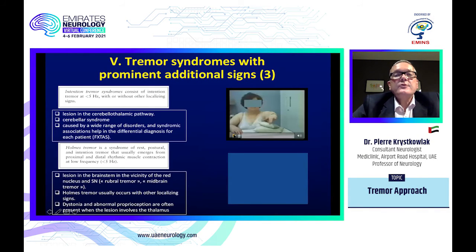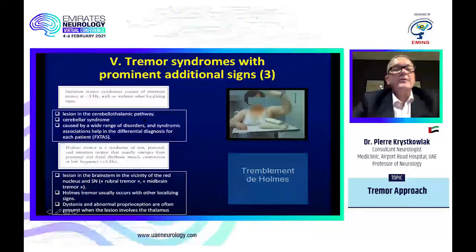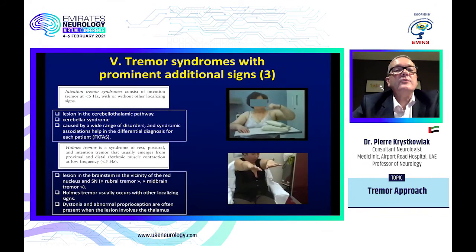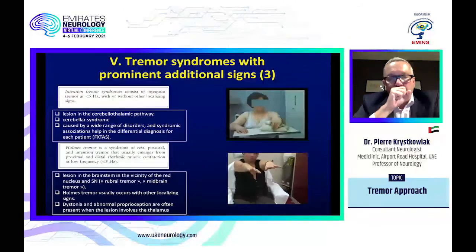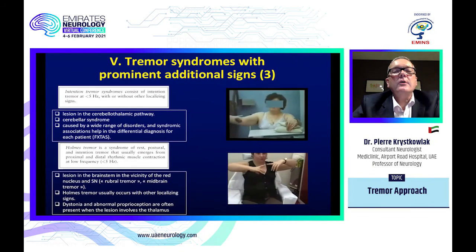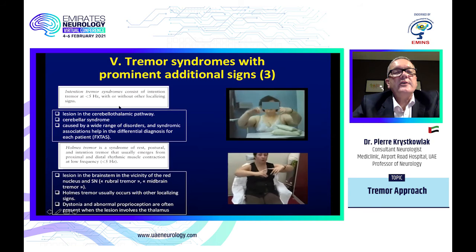Now let's move to another type of tremor syndrome with prominent additional signs, which is first of all the intention tremor syndrome, so a kinetic tremor which exacerbates at goal approach, with or without other localizing signs.